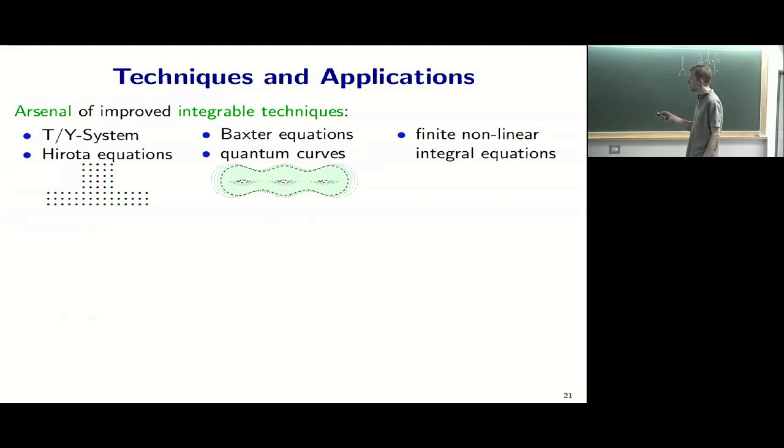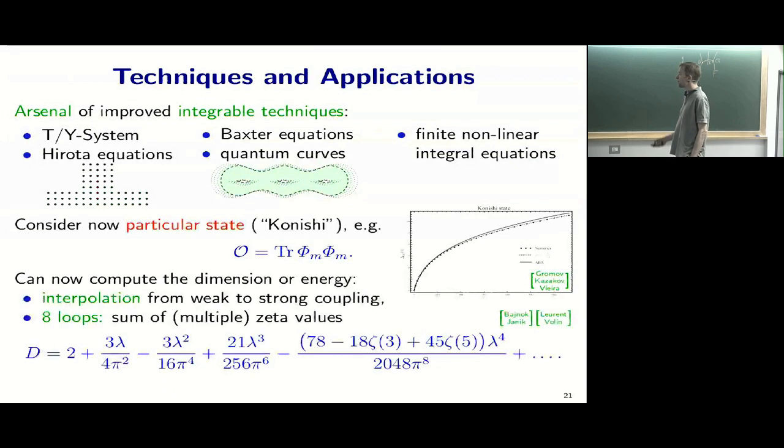There are certain quantum curves that play a role, or at the end of the day, you'll get a finite set of nonlinear equations, which are somehow similar to the Bethe equations, but are of integral equation type. With those equations, you can address any particular state of finite size, most importantly perhaps the Konishi state, which is the first excited state, if you wish, of your whole chain.